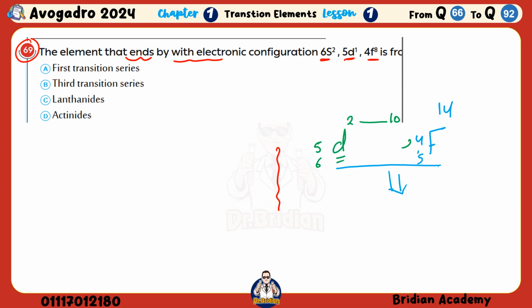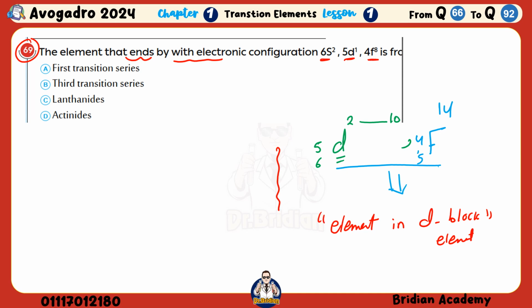But the important note is that if the d sublevel is filled in sequence with electrons from 2 to 10 electrons, and 4f is completely filled with 14 electrons, this electron configuration refers to an element in the d block.